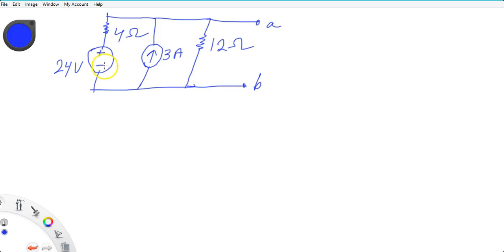So we have a network with a 24 volt voltage source, 4 ohm, 3 ampere current source, 12 ohm, terminals A and B. We need to Nortonize this circuit. Put a short here, measure this current, and this is your IN. When you put the short here, the potential here is, let's say V, and the potential here is the same, so no current flows through it, right?